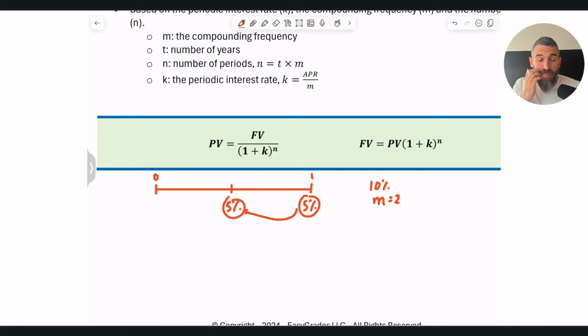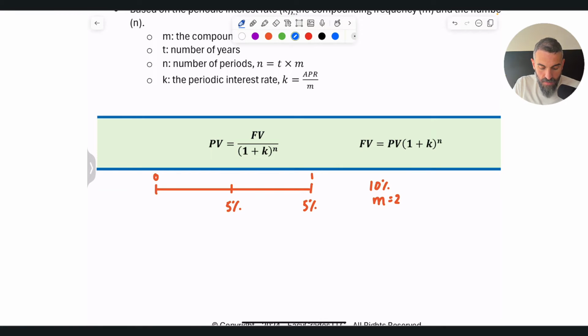Now, what does compounding even mean? When I say this 5% is going to compound on this 5%, well, let me show you what compounding really means. Let's say you have $100 today. You put that in your account. Well, if your interest is being compounded semi-annually, 6 months later, you're going to gain $5, right? You're going to gain 5% of your previous balance, which was $100.